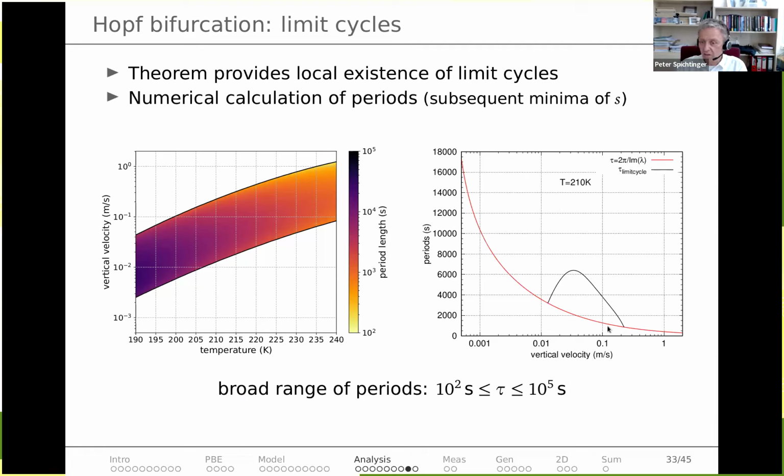And this is more or less the imaginary part of the eigenvalues, giving the period of a system close to equilibrium. You see a broad range of periods between 100 seconds and even 10,000 seconds.